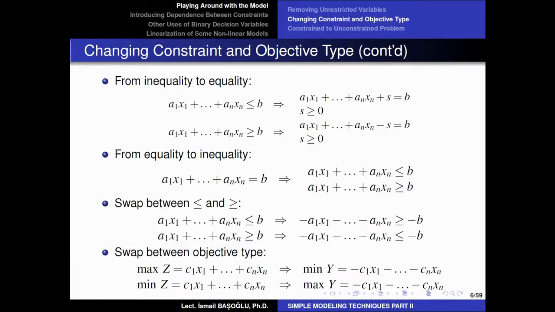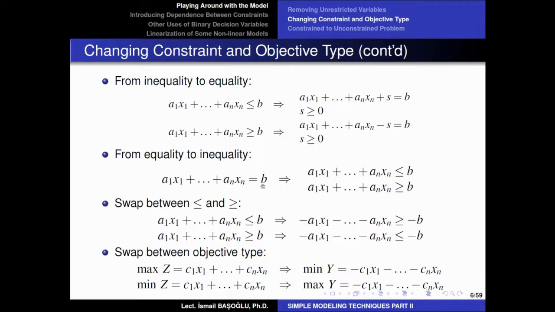Now, we have seen how an inequality is transformed into an equality constraint. What you can do to convert an equality constraint into an inequality constraint is to write it as two inequality constraints.